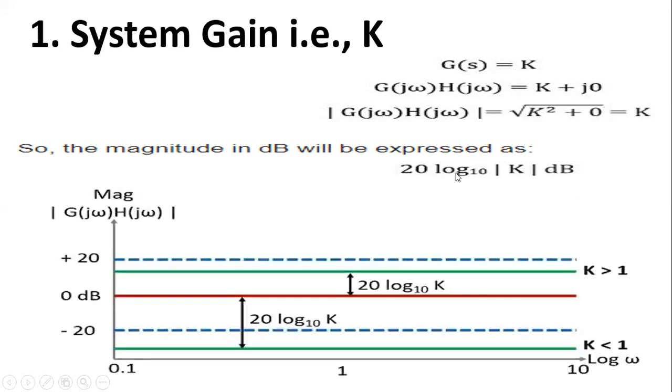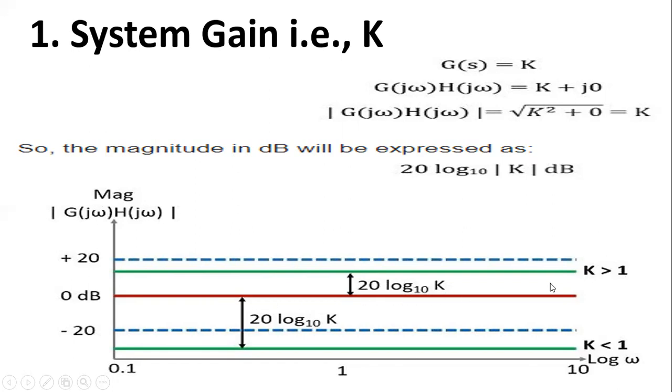In this magnitude equation, due to the presence of constant K, the magnitude will always be constant for all values of omega between 0 and infinity, because it is constant. Thus, in the magnitude plot, this is indicated by a straight line parallel to the x-axis.